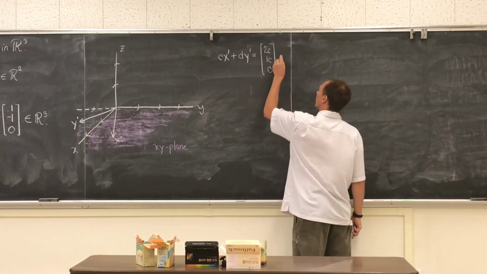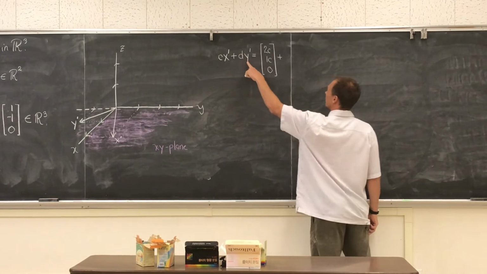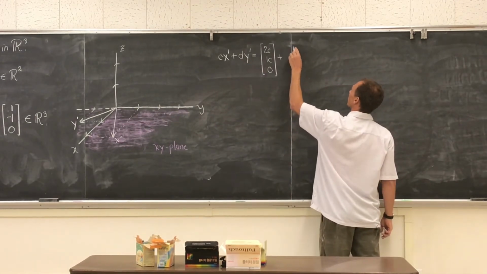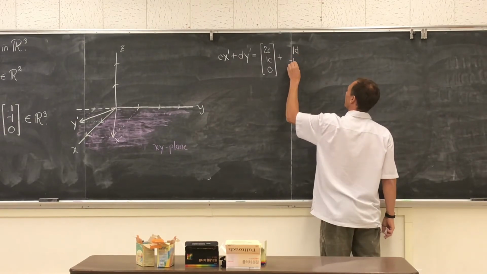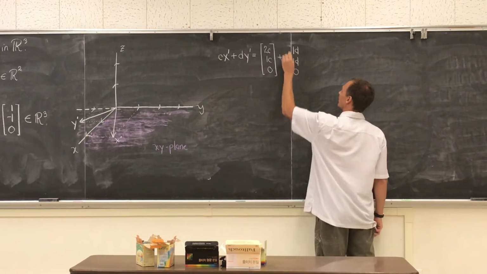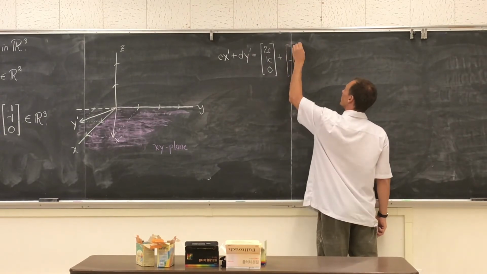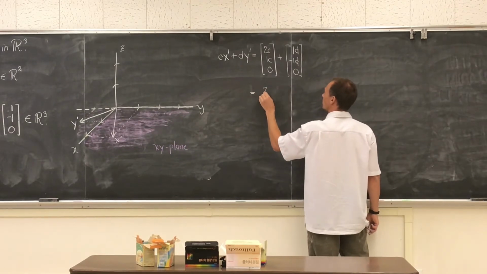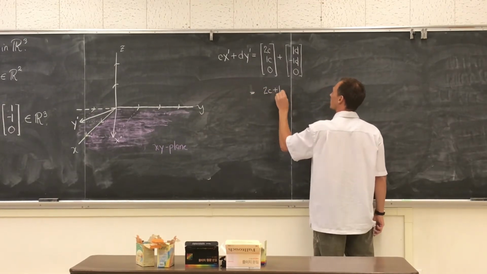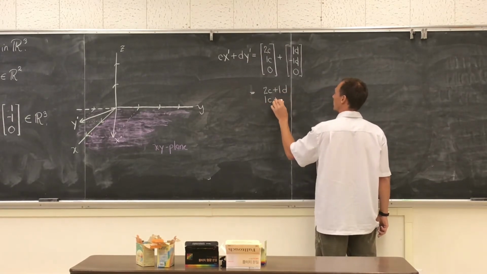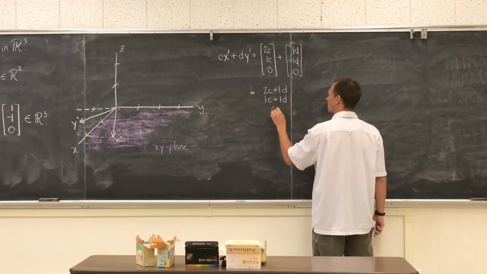Plus, I have d times y prime, so that's going to be 1d, then minus 1d. And then the final one is 0 times d, but that's just 0. Well, if I add those together, I have 2c plus 1d, 1c minus 1d, but my last coordinate is still 0.